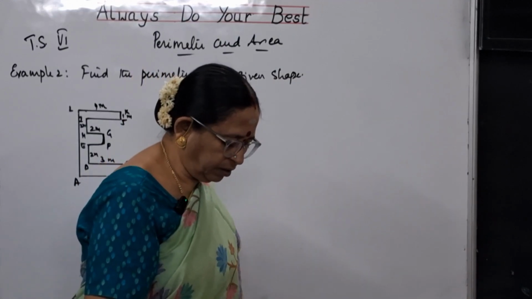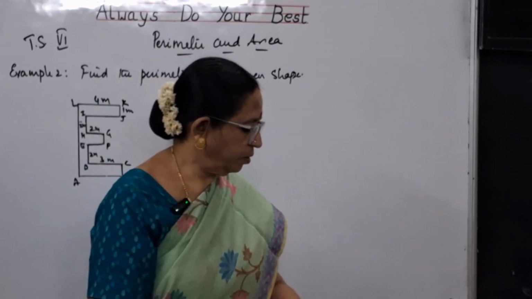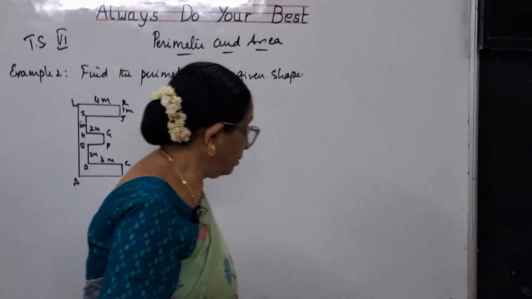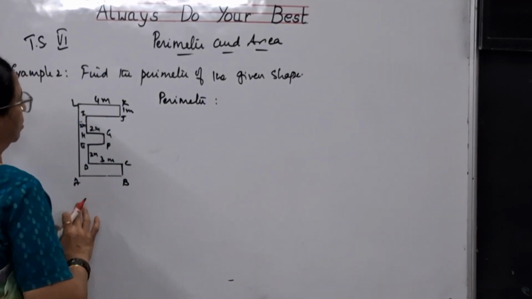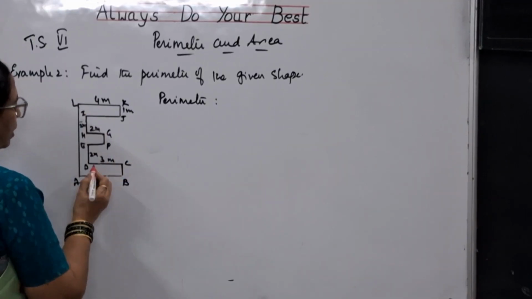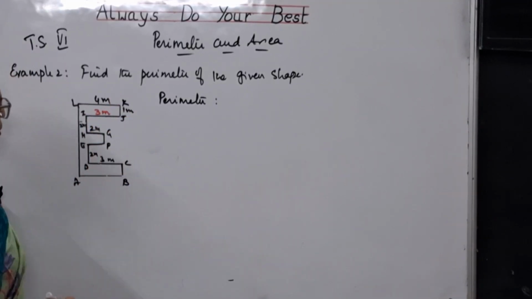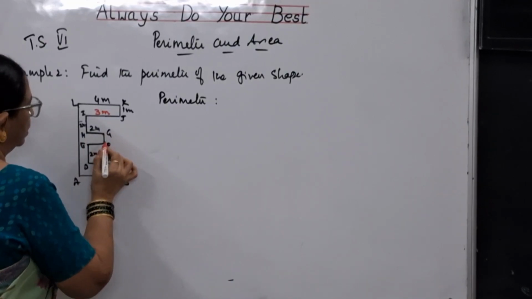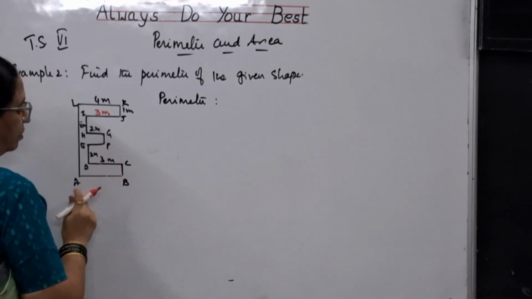Now, let us find out how it has to be done. Here, you could find some of the measures they have not given, but you should consider them as same as that of the earlier one. This is 3 meters, means this also should be 3 meters. And here it is G, E, F. This is F here.